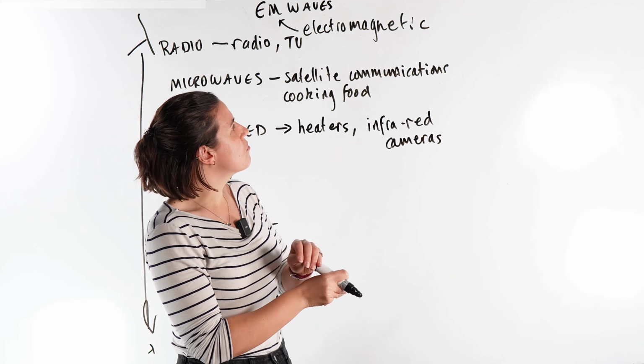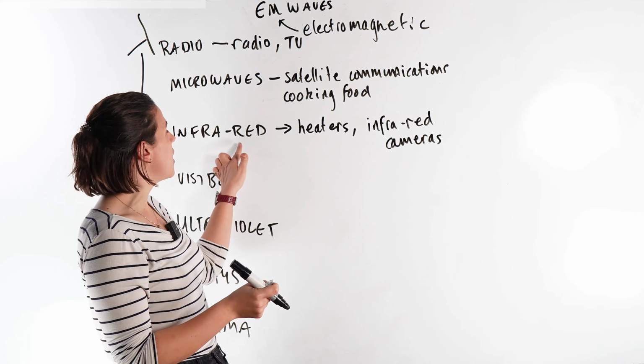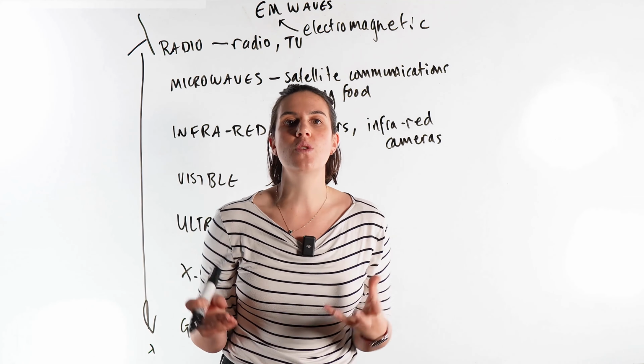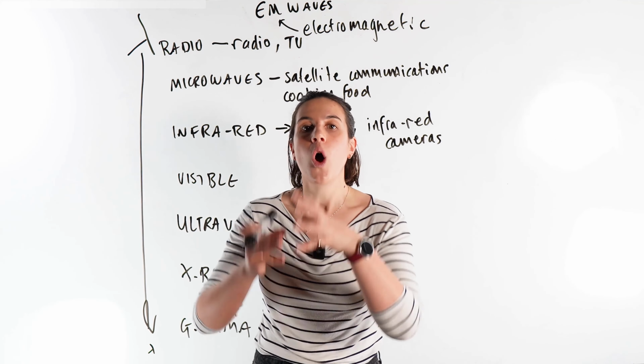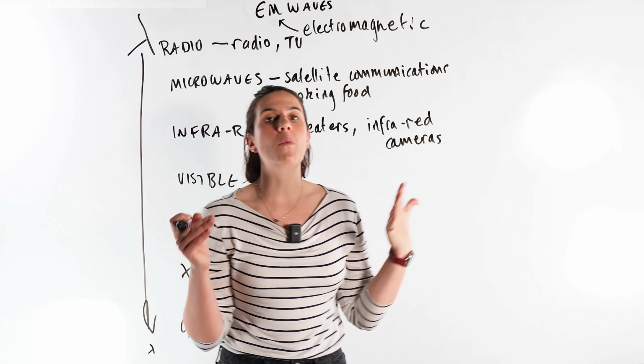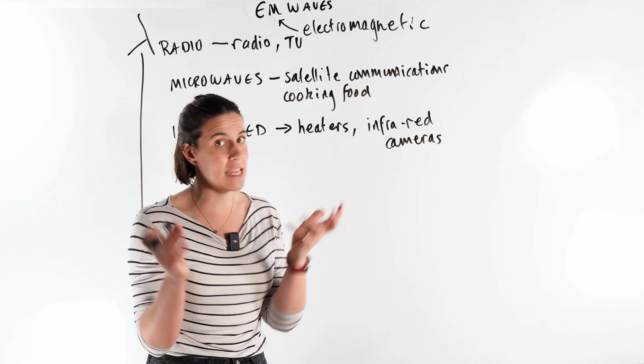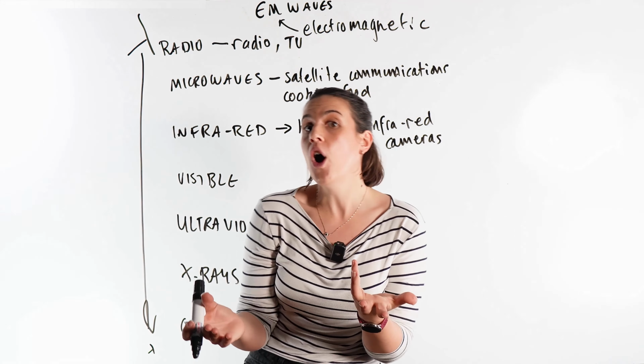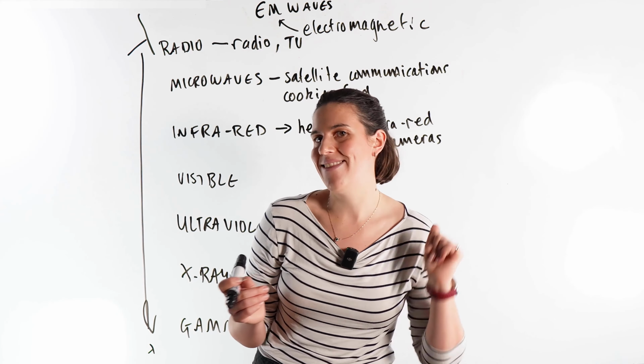So infrared cameras allow us to detect infrared radiation coming off hot objects when we can't see them using visible light. So for example, wildlife cameras, when it's dark, so you can't see the animals, we can use the infrared radiation they're giving off, because animals will be hot, to detect where they are.